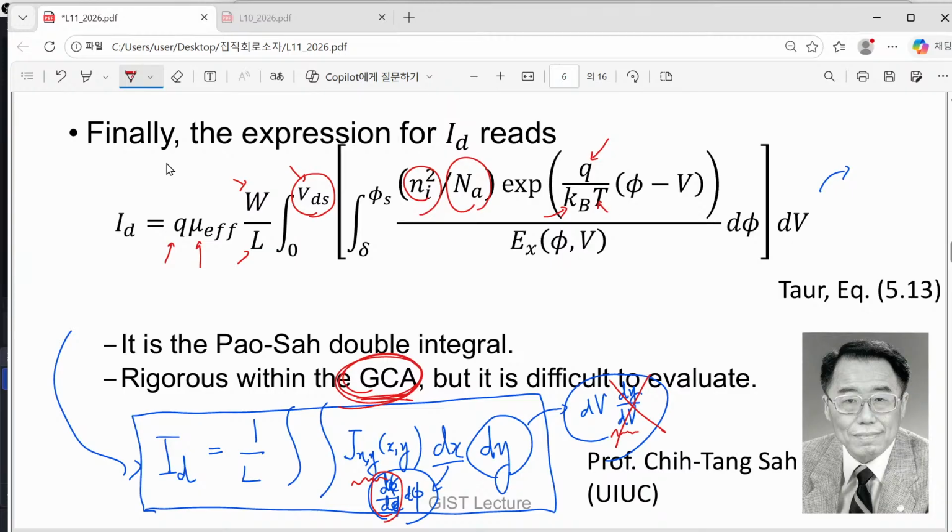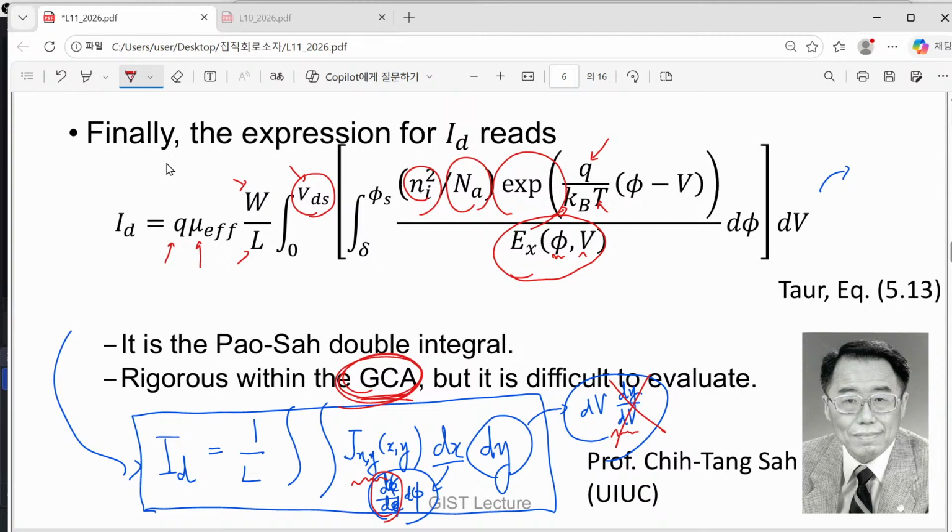We know the temperature. Then what is the real difficulty? We can perform the exponential quite well, but here we have Ex, the electric field, at a given potential and given electron quasi-Fermi potential.